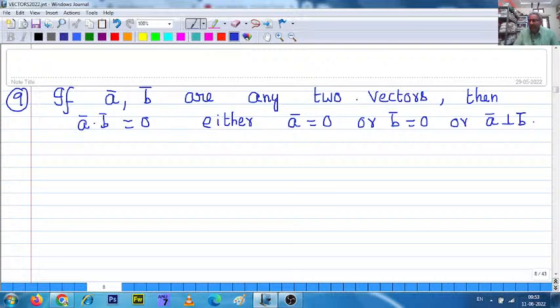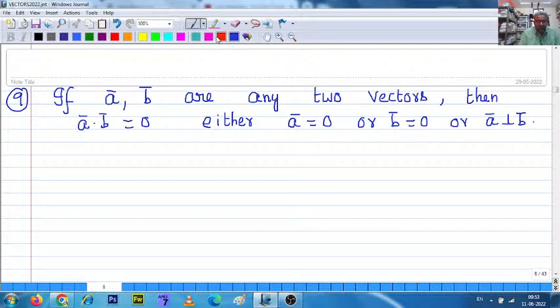So for any two vectors, three cases will arise. The first case is a bar may be 0 or b bar may be 0, or we can say that a bar is perpendicular to b bar.